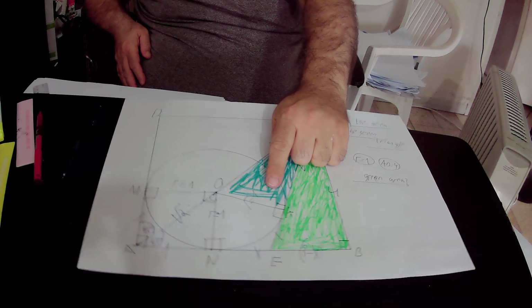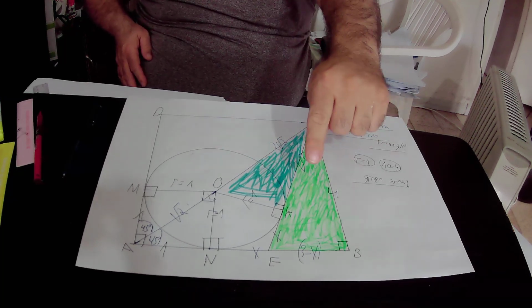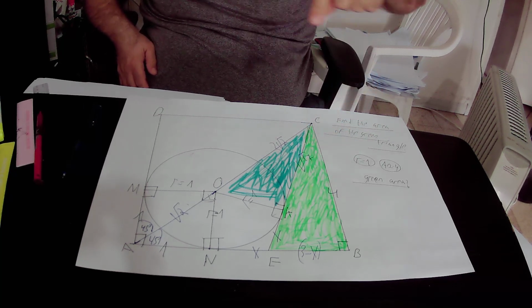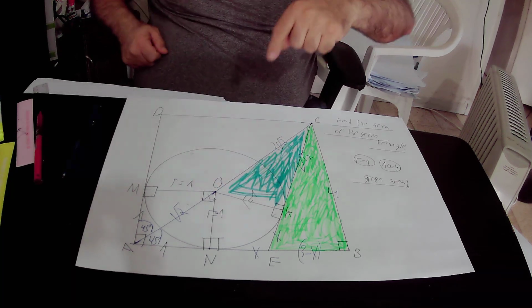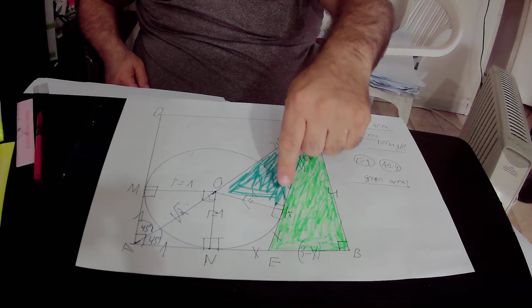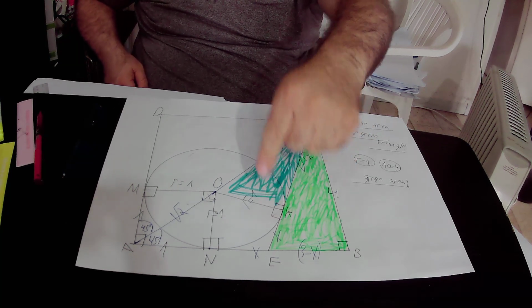This radius OK is drawn to the point of tangency, that is, to point K, the point of tangency of tangent EC with this circle. Therefore, the tangent EC will be perpendicular to this radius, that is to say, this angle will be equal to 90 degrees and this angle will also be equal to 90 degrees.